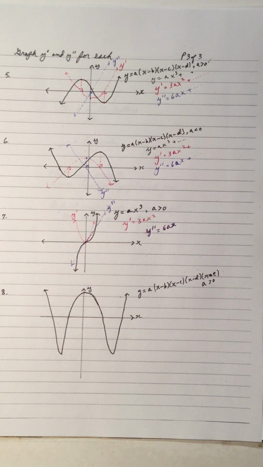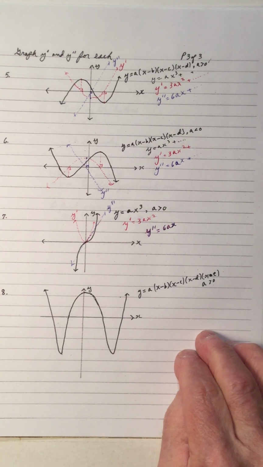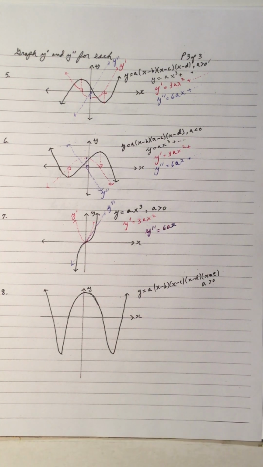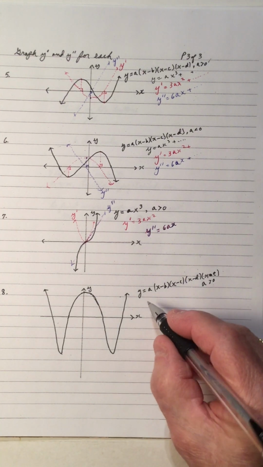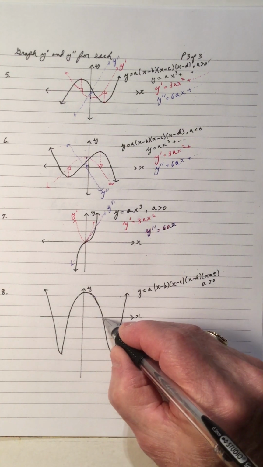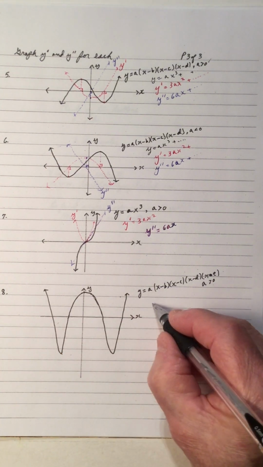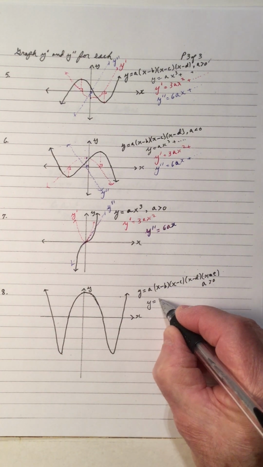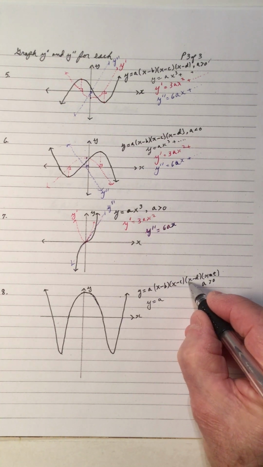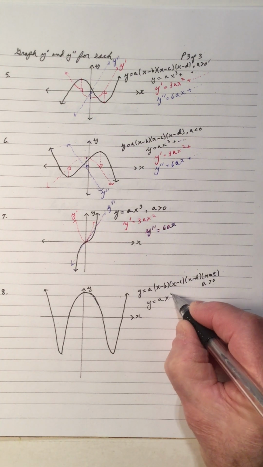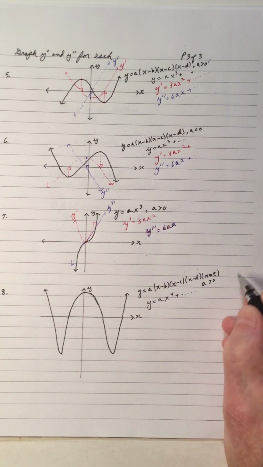Now I want to finalize a quartic. The quartic has a power of 4. So let me explain. Notice it has 1, 2, 3, 4 x-intercepts. So when I expand this equation, I get y equals a, x times x times x times x is x to the 4th, and it goes on.